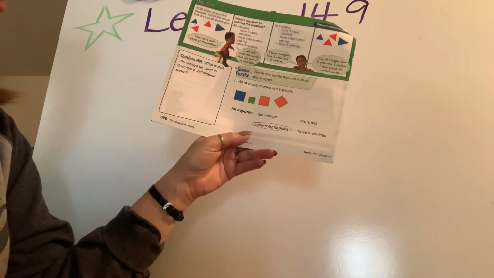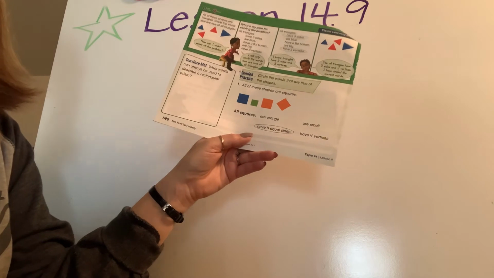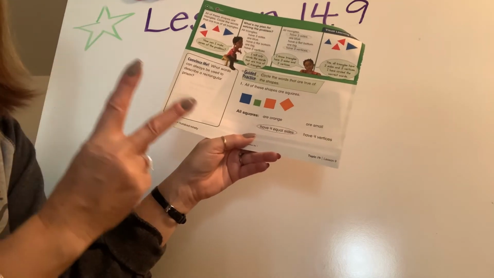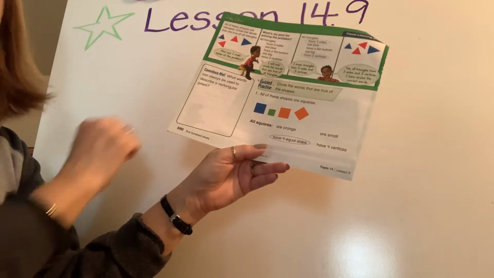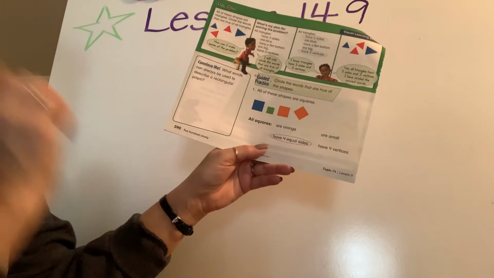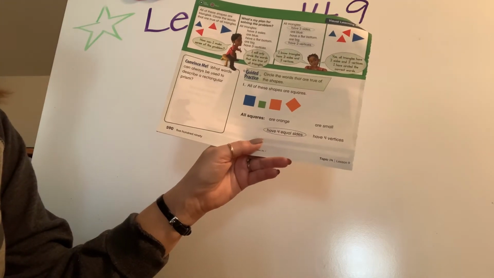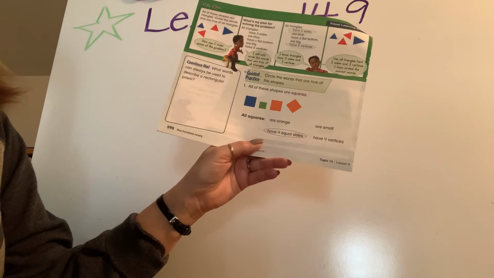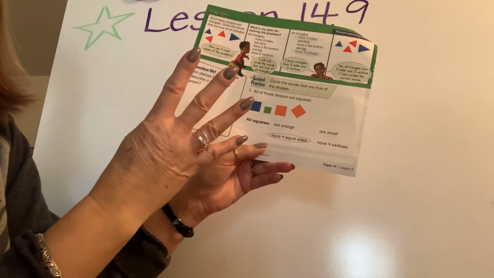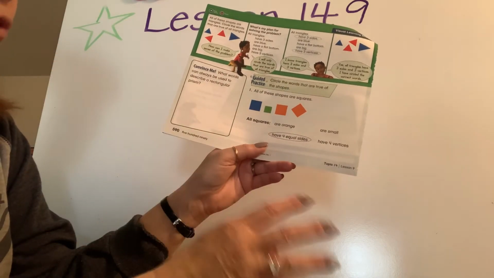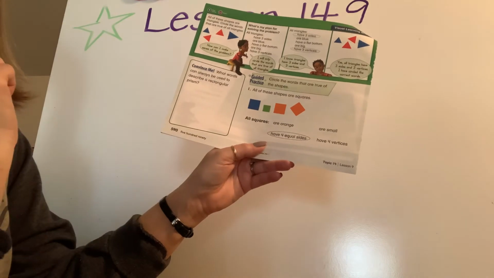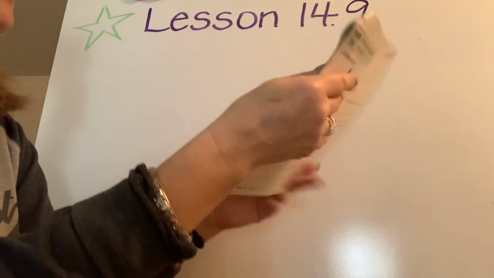What about all squares have 4 vertices? Now remember, we're talking about 2D. It's just a square. It's a flat shape. How many vertices? Correct. 4 sides, 4 vertices. Remember, those two are going to equal each other. Okay, let's go to the next page.